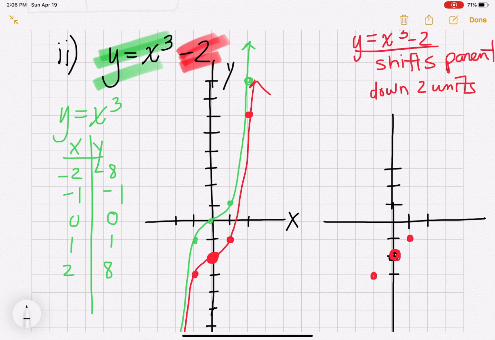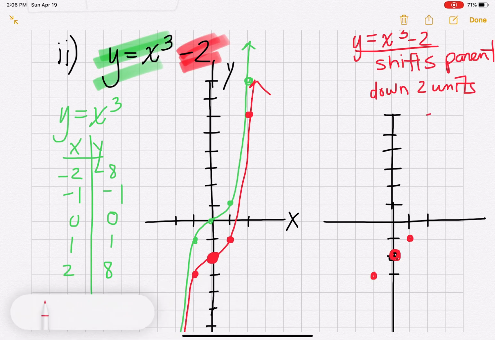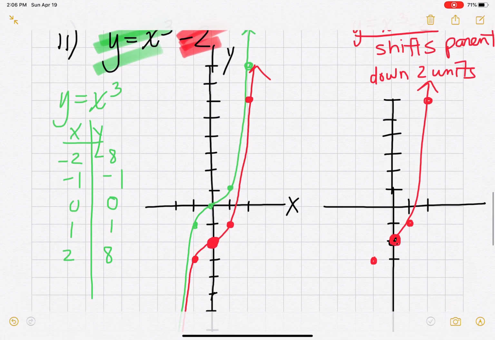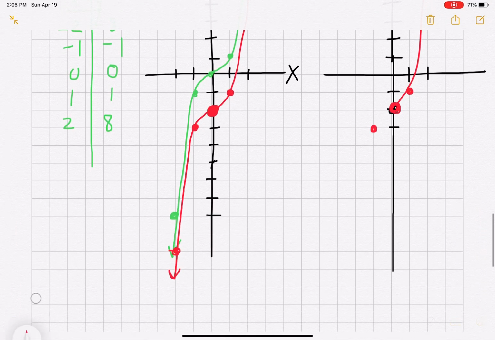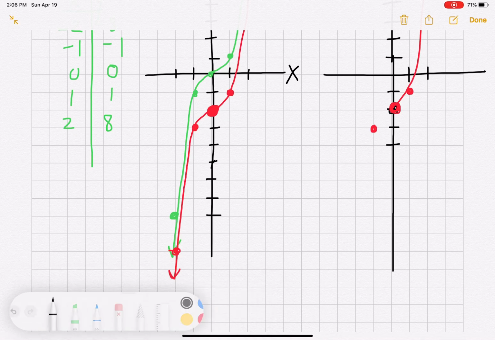One, 2, 3, 4, 5, 6. There it goes. There we go. And then down here. Go down to -10. 1, 2, 3, 4, 5, 6, 7, 8, 9, 10.